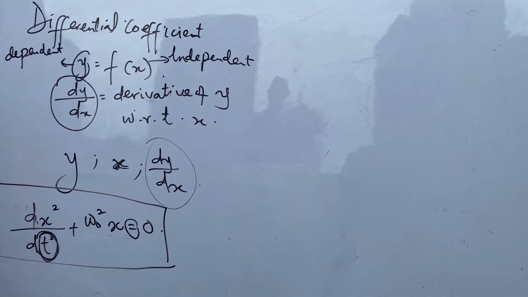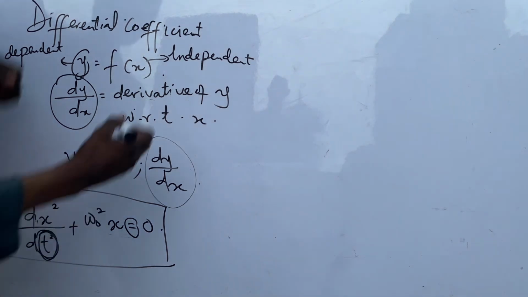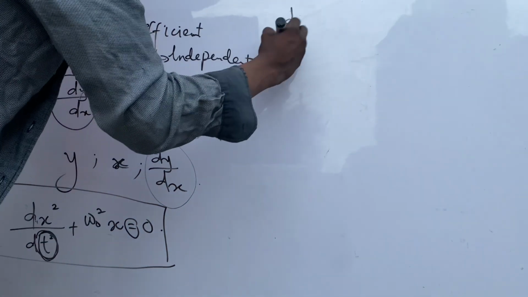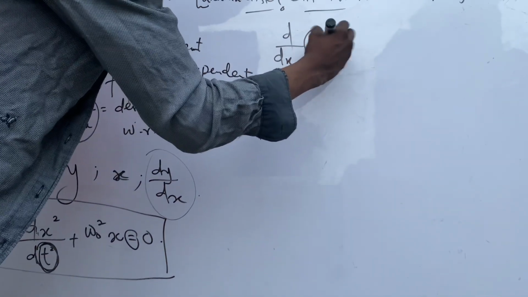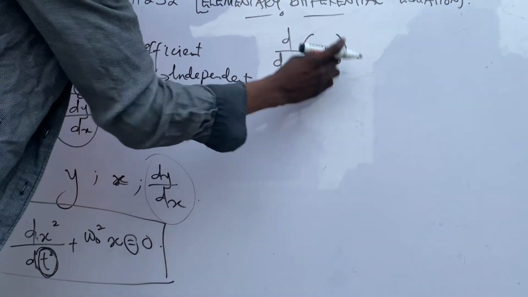So when we say differential equation, this is simply what it means. There are many examples of differential equations and they are applied in everyday life activities. Suppose I had d/dx of xy. If you differentiate this, what are you going to have?